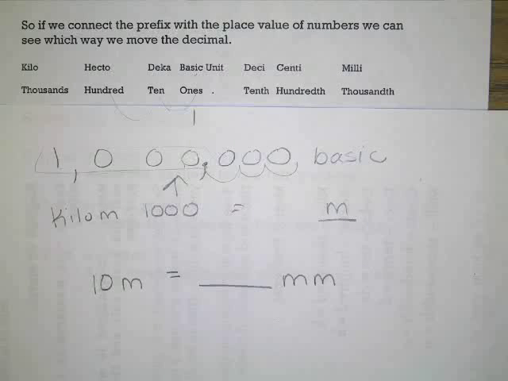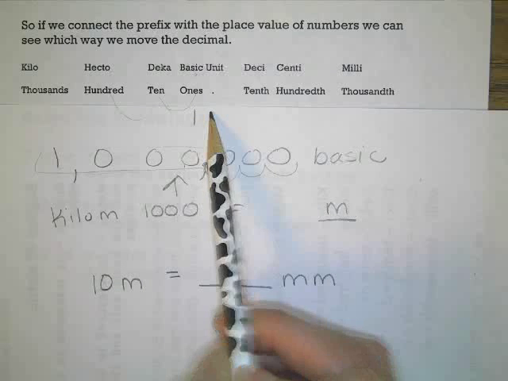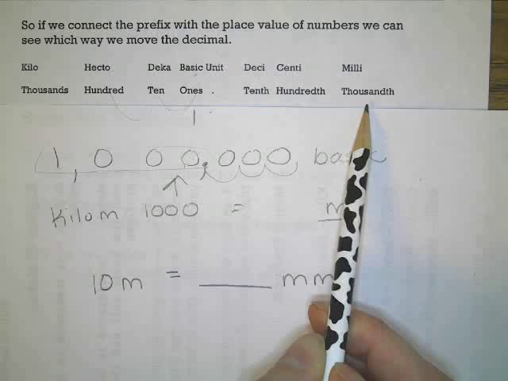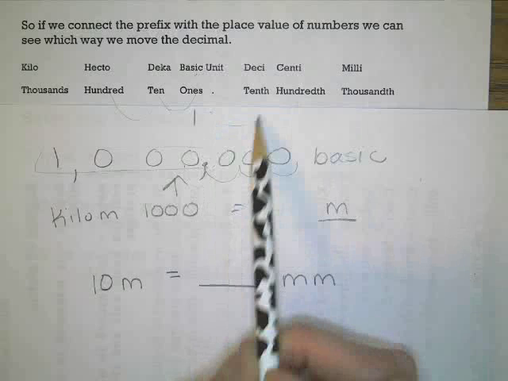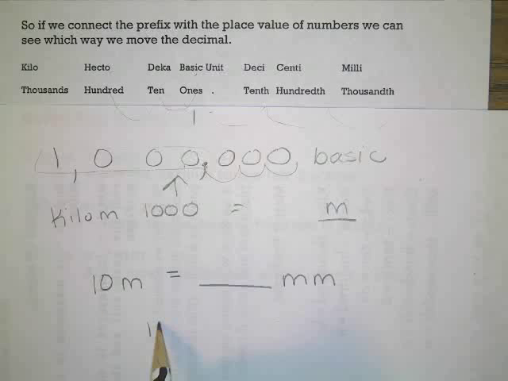Caitlin. We move it to the right, and how many places? So we're here, right? That's where our decimal's at. And we want to put it behind our milli. So we go 1, 2, 3. How many zeros do we add? 3.